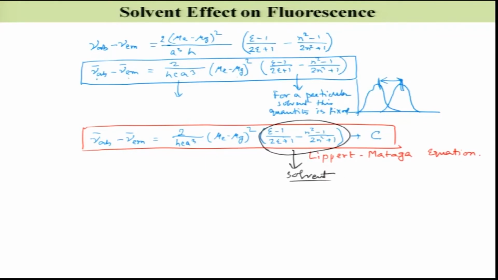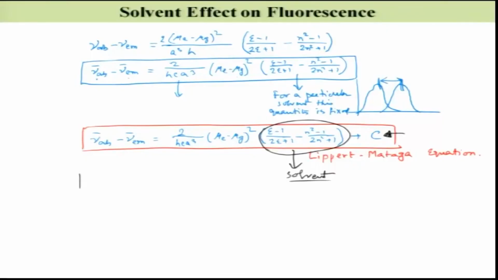This C is a constant, independent of the solvent; it is a solvent independent quantity, right. So if I measure the absorption and emission of the solute in various solvents, I will get different values of nu bar emission and nu bar absorption.